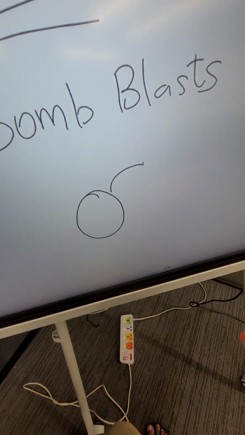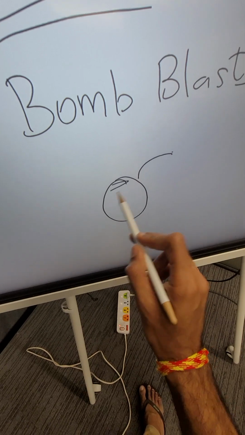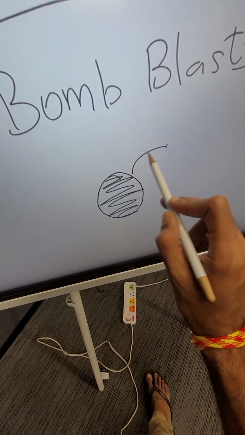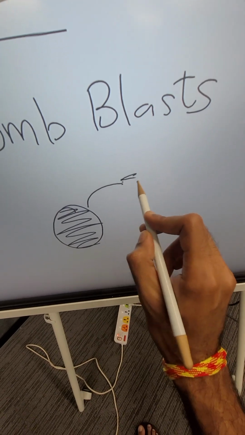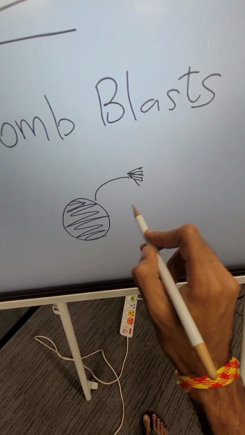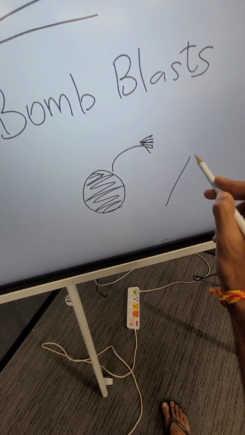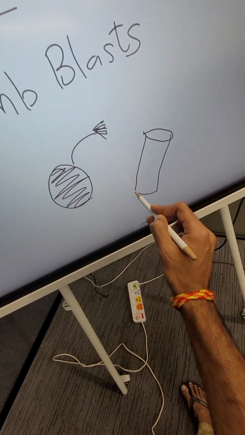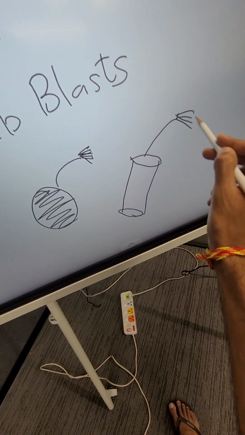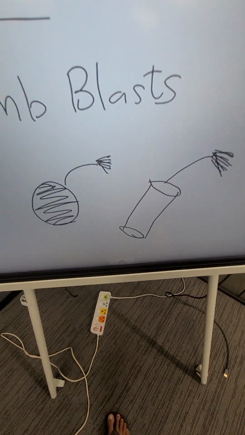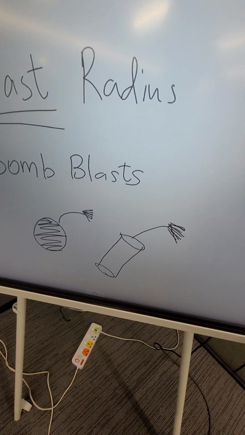I think of a classic bomb that's black and has a wire to it, and you can light it up and it goes boom, or something that looks like dynamite, which goes boom when you light it up.